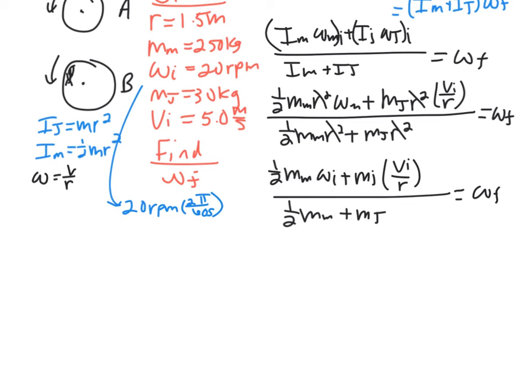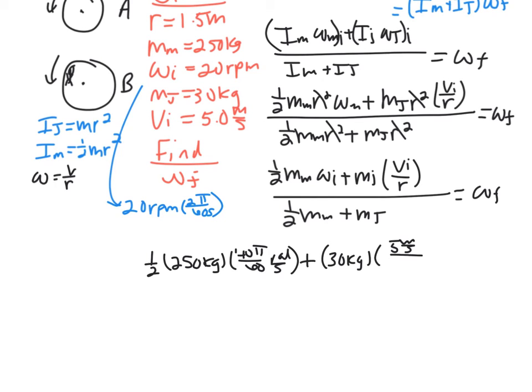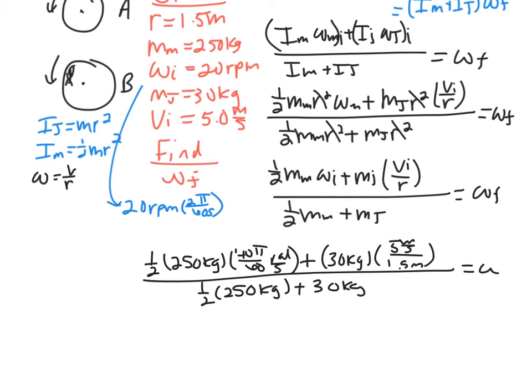Okay, now let's just put the numbers in. So we get 1/2 mass of the merry-go-round, 250 kilograms, times 40 pi divided by 60 radians per second, plus 30 kilograms times 5 meters per second over 1.5 meters, over 1/2 of 250 kilograms plus 30 kilograms equals omega final.